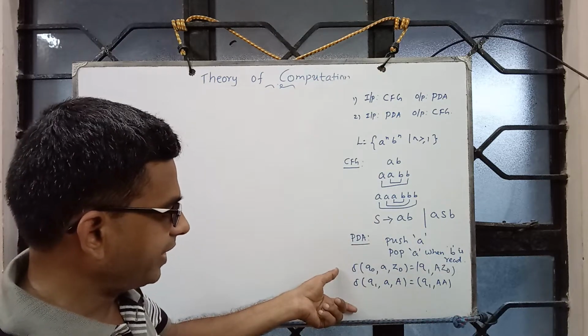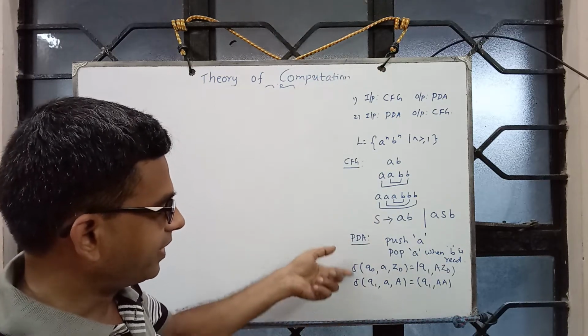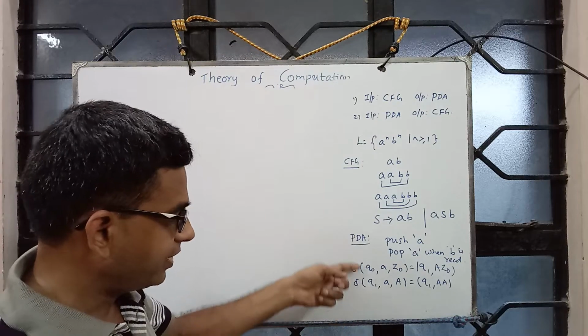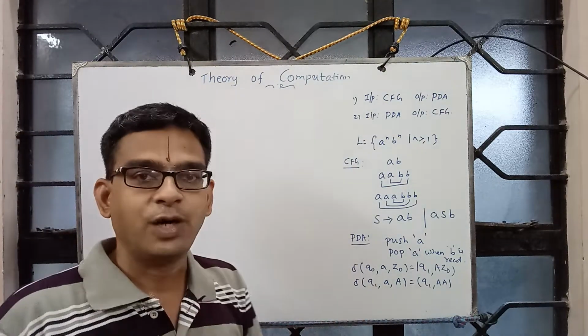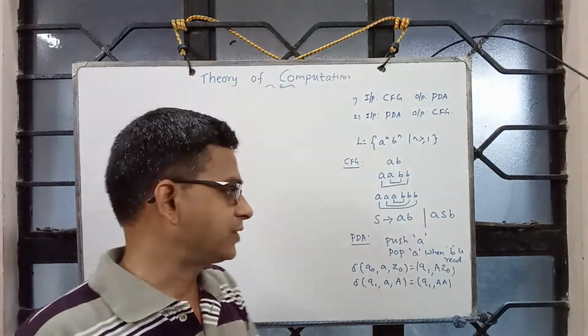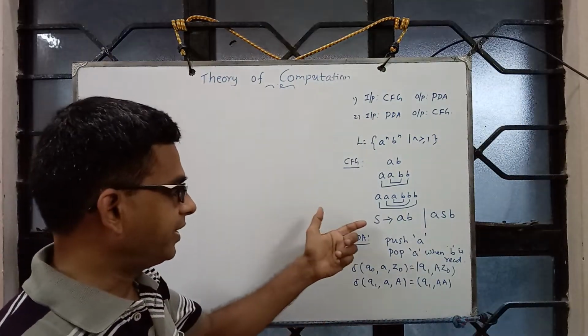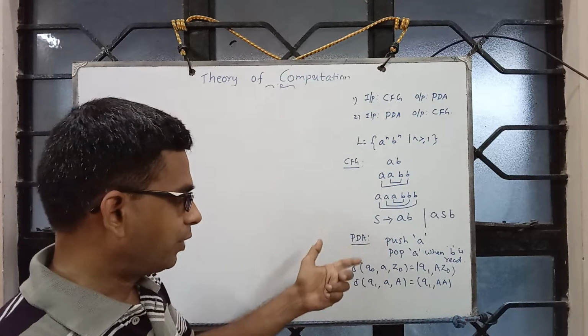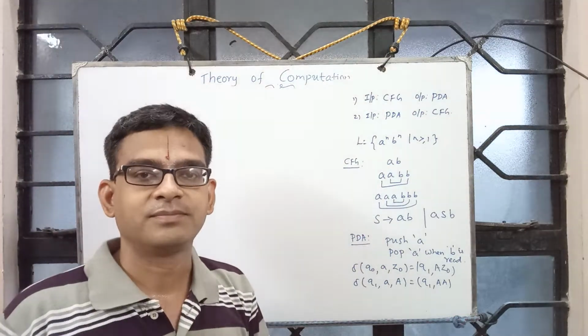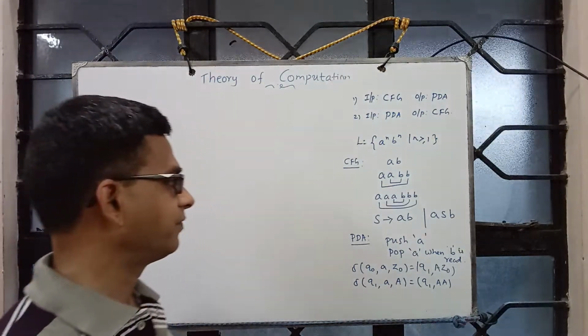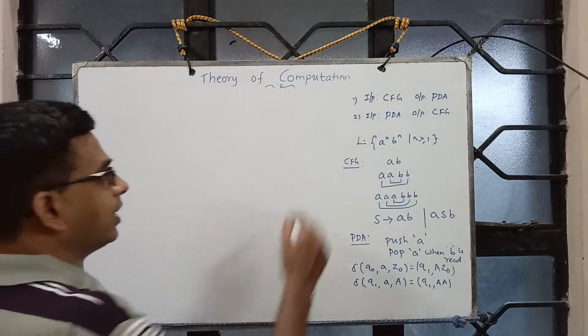Similarly, given a PDA like this, can we obtain a CFG using these transitions? Using these transitions, how do you come up with a context-free grammar? Similarly, given a context-free grammar, how do we come up with the sequence of transitions like this? Fine, so that's the question we are trying to attempt.